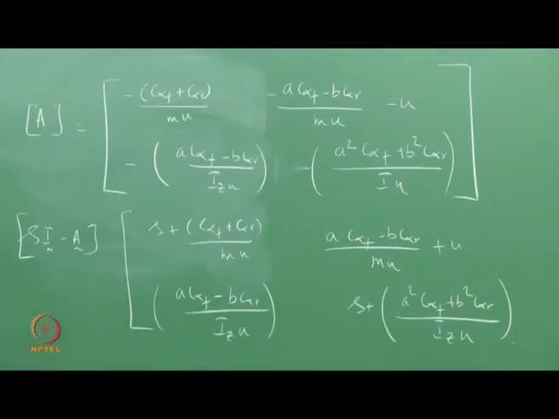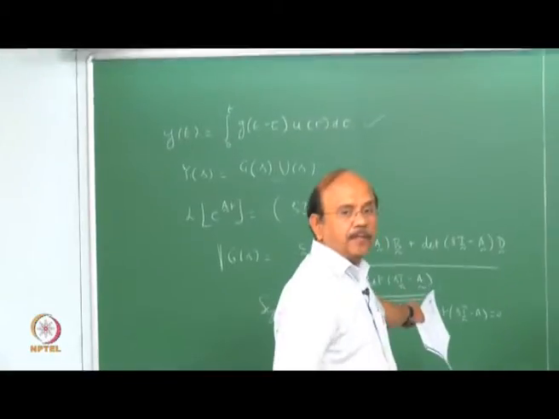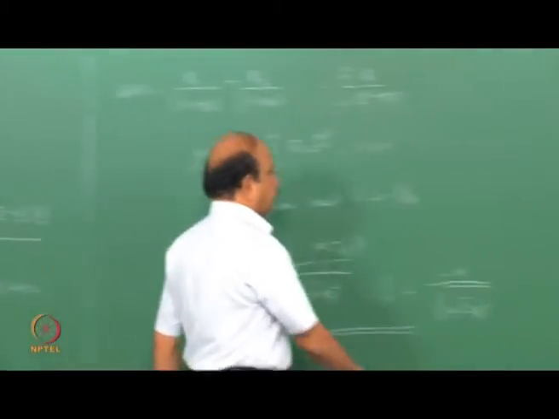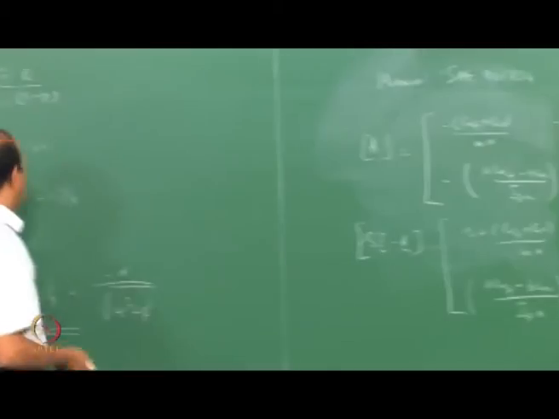So that makes my sI minus A. The determinant of sI minus A equal to 0 is what I have to find out. That is my next step. I'm going to do that.